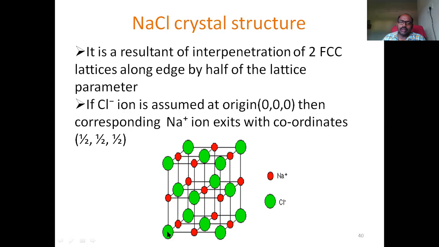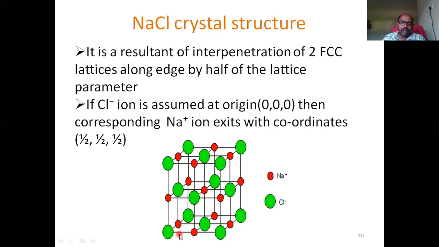Its radii are, if we assume this one a little bigger and this one also a little bigger, totally three ions touch each other along the side.